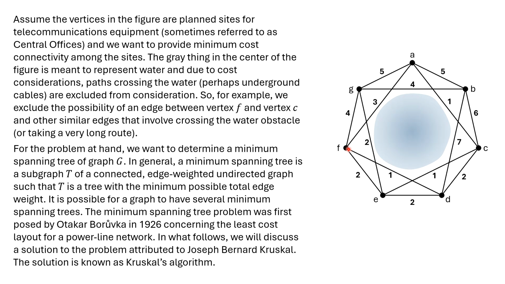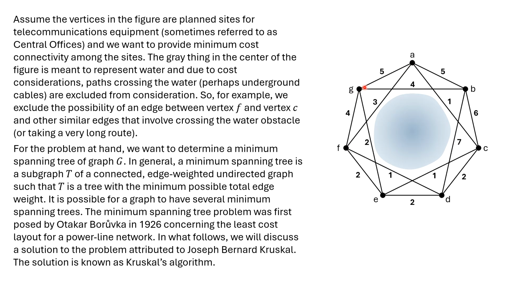So we can't go, for example, from F to C directly. We would maybe make 2 steps here. And these numbers are the cost of putting the telecommunication lines between the different equipment.